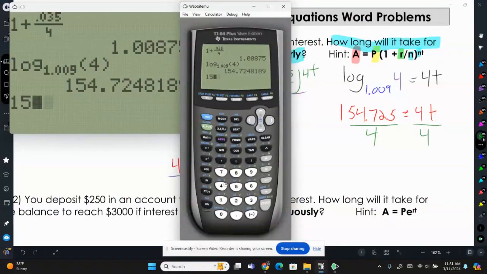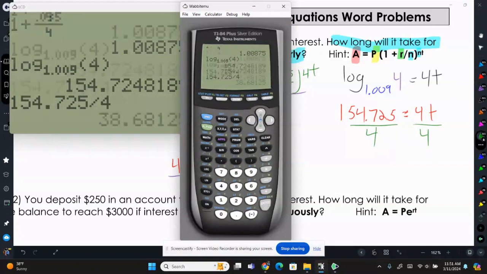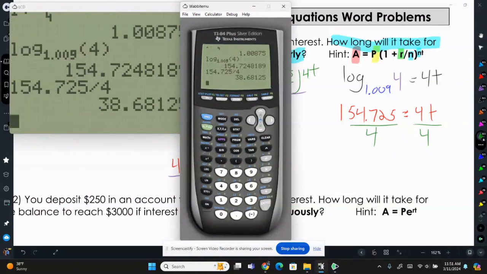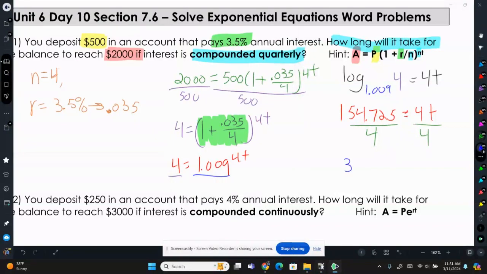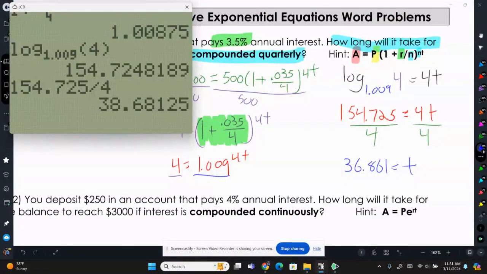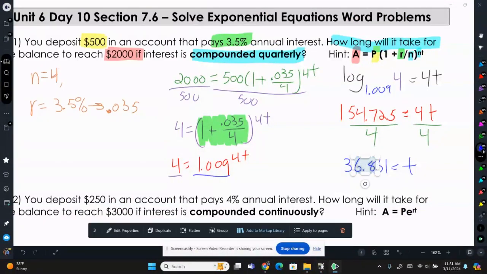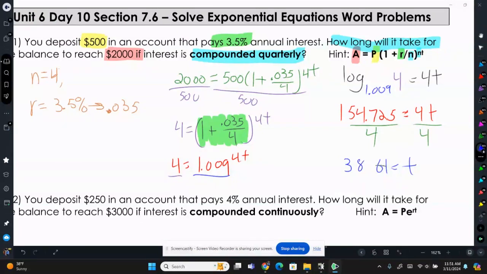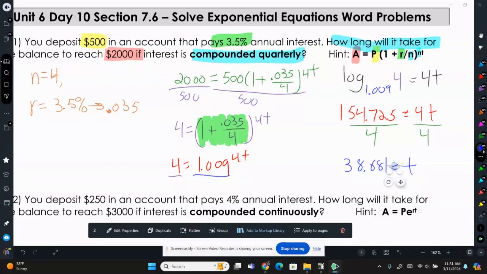So 154.725 divided by 4. We get 38.681 equals t.